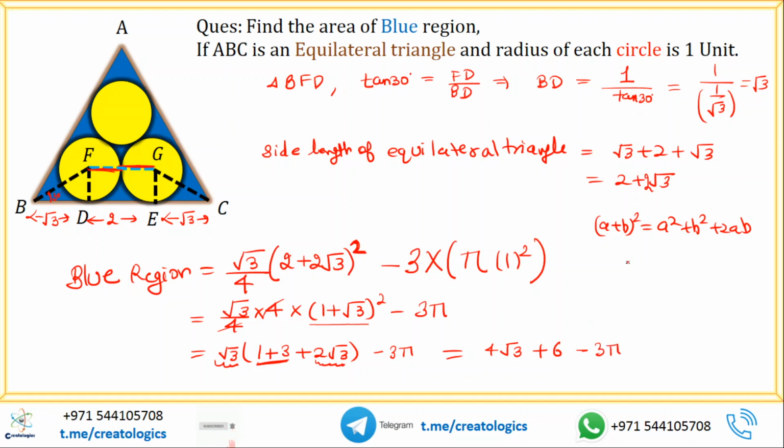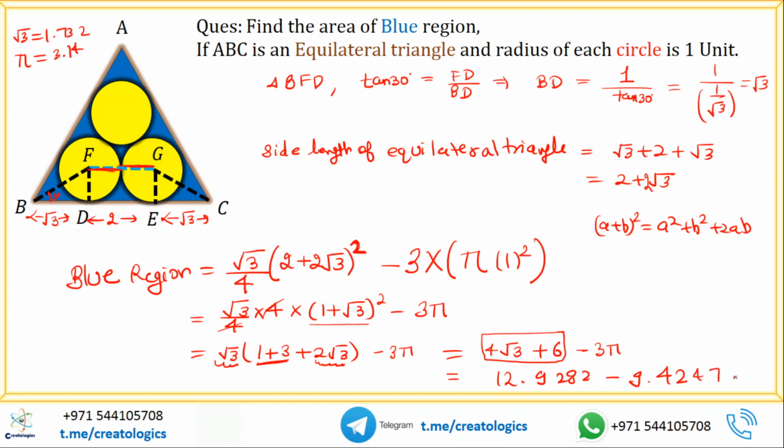Now as we know that root 3 is 1.732, and the value of pi, you can consider it as 3.14, right? So if I substitute these values, this comes out as 12.9282 approx, minus 3 pi will come out as, let's say, 9.42 something, or 47 and so on.